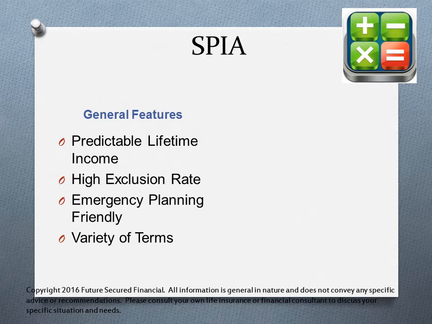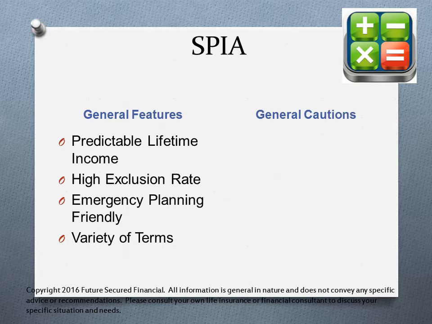We like to mess with these terms a little bit, but people get confused, so I like to throw them both out there. It's just if it's something that you need in a time of need, it could actually come through. There are a variety of terms. You can do a 5-year, 10-year, whatever. All of that stuff comes into play based upon your individual needs.